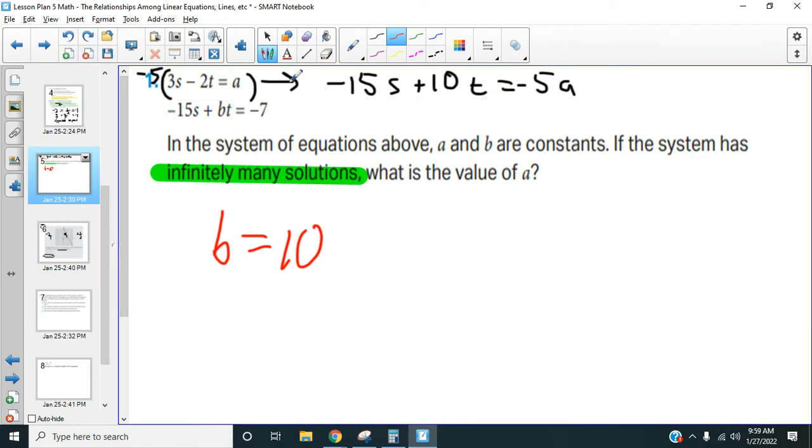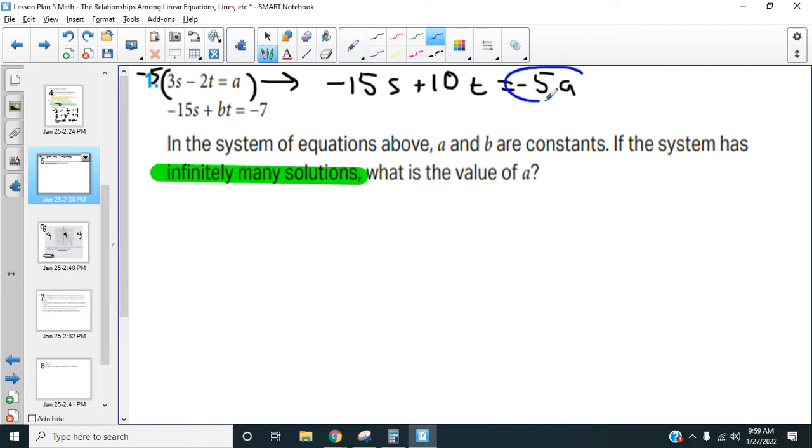So since the left side we've now made the same, that means the right sides have to match up as well. Yeah? Okay, so if that's the case, think about what we're saying. We're saying this on the right side of the equation.